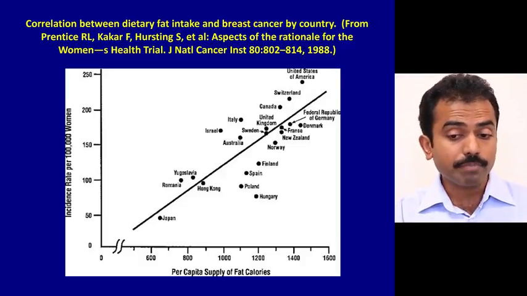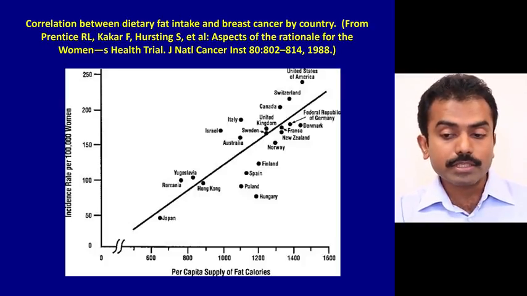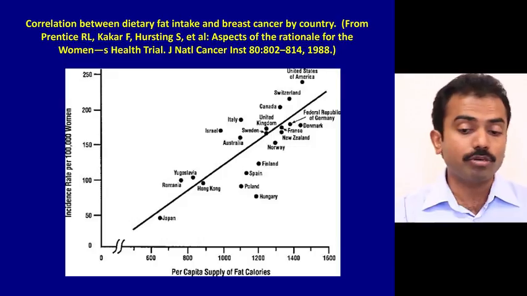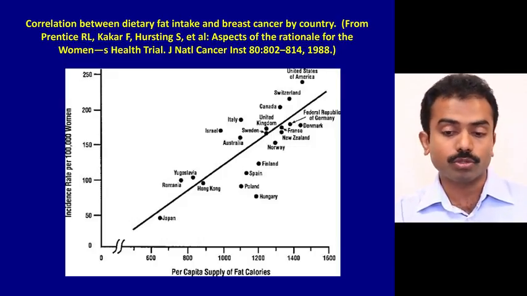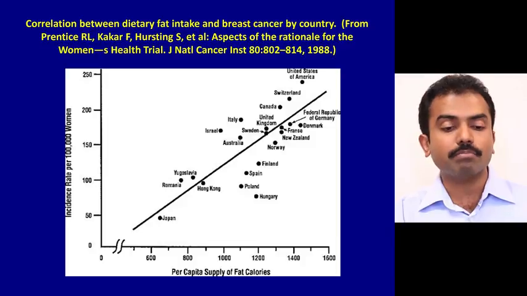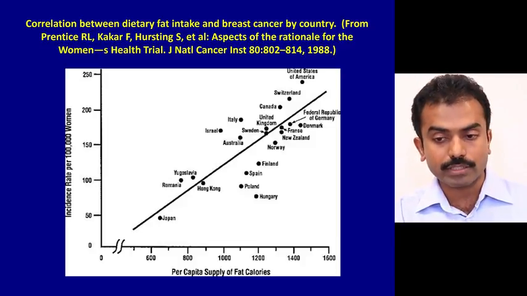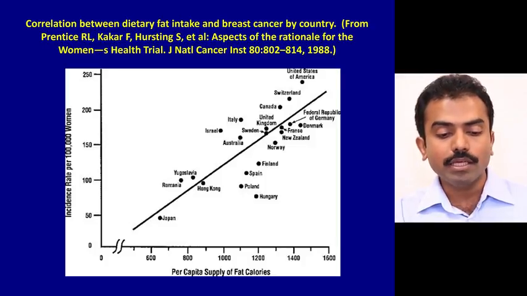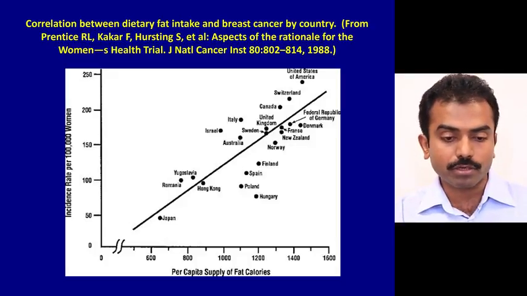For example, given the same situation, we can even think that a person with breast cancer was actually consuming less fat. It is the other people who were consuming more fat, and so the average fat intake is much higher. So this problem of taking population level data and making individual level inferences is what we call ecologic fallacy. And we can look at several examples with this particular thing.